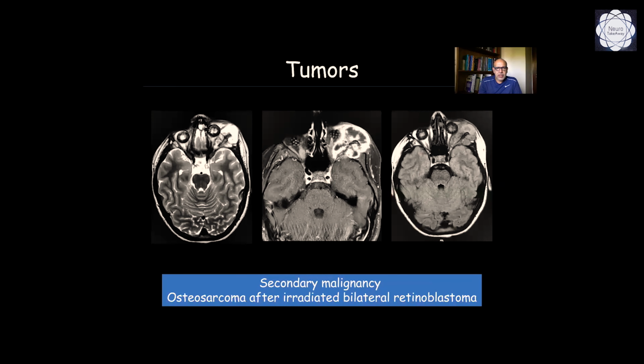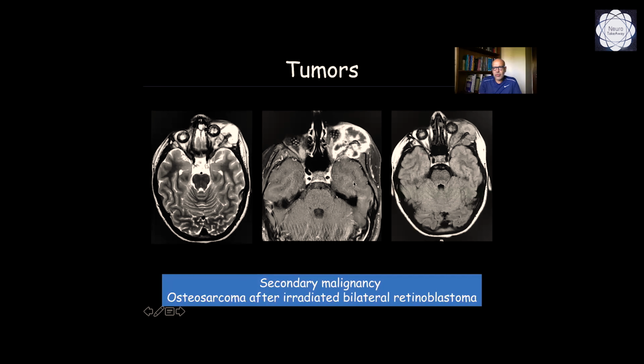Another patient treated for a bilateral retinoblastoma with irradiation, and now this treatment is no more the rule. We don't irradiate these patients anymore, but many years ago it was the treatment of choice, and the consequence of this treatment was the development of this osteosarcoma on the left side.